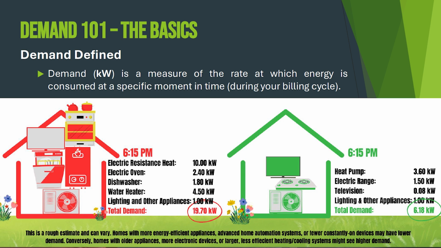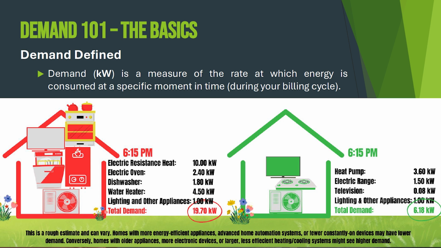The one on the right has a heat pump, much more efficient. We'll talk a little bit later that heat pumps can sometimes have a backup of resistance heating, which changes some of those characteristics. But typically, the heat pump in a normal cycle is going to be much more efficient.